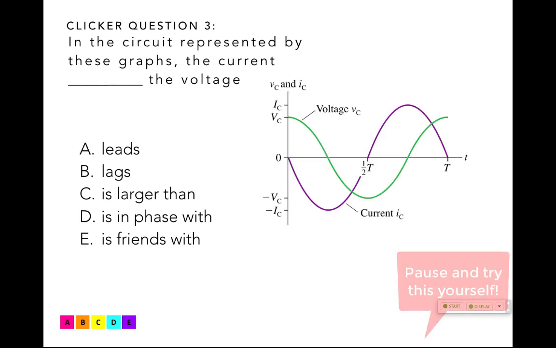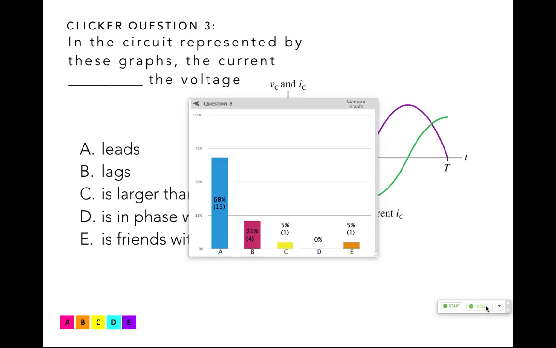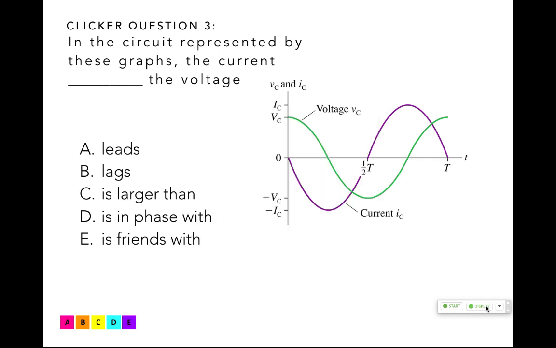Now this question obviously has the same answer, but is it easy to tell, looking at just the sine graphs, what you mean by lead or lag? Okay. So we're being silly, but this one still is leads, right? It's the exact same thing, just represented with a different kind of graph.